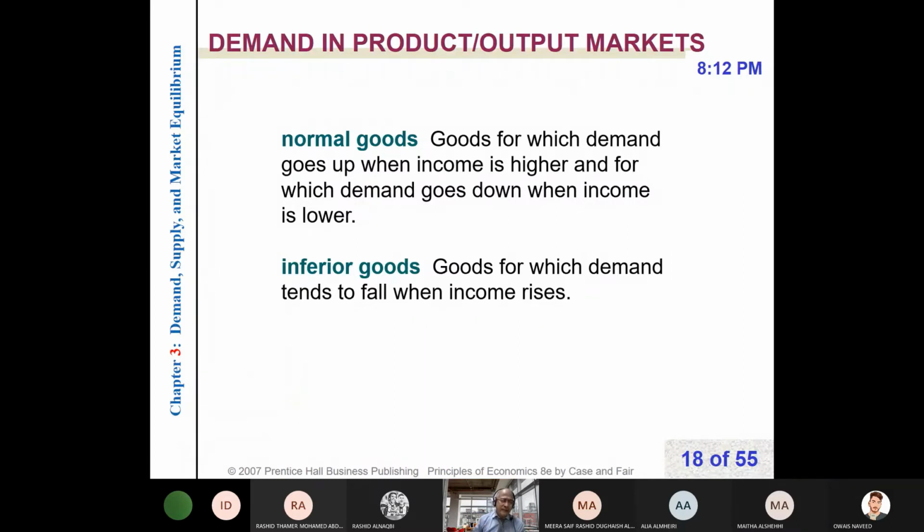Inferior goods: goods for which demand tends to fall when income rises. See what I mean by inferior goods. It's not really inferior. It's not really low quality.